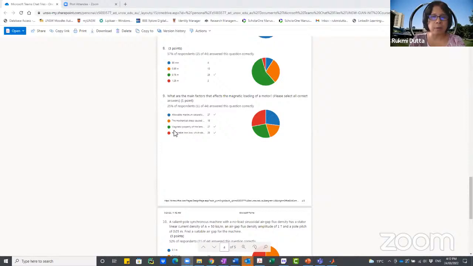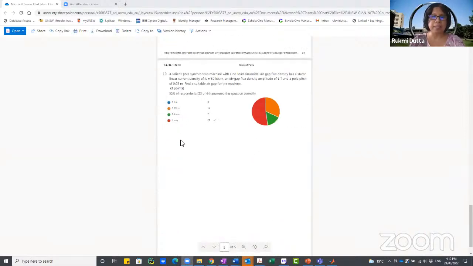It also depends on the magnetic property of the electric steel being used, and how much iron loss you can allow, because as we know, iron loss is a function of magnetic flux and frequency. And the magnetic loading actually means the magnetic flux in the machine.